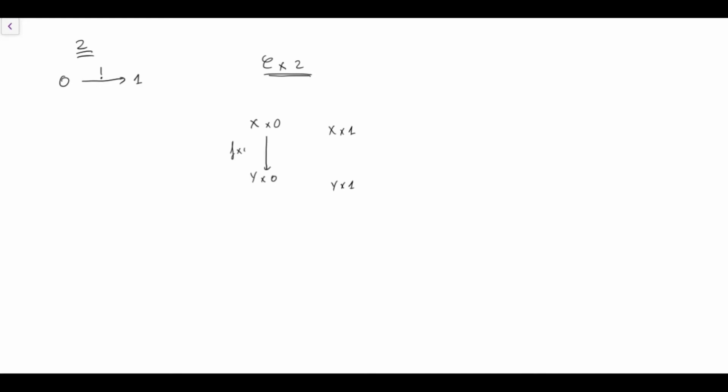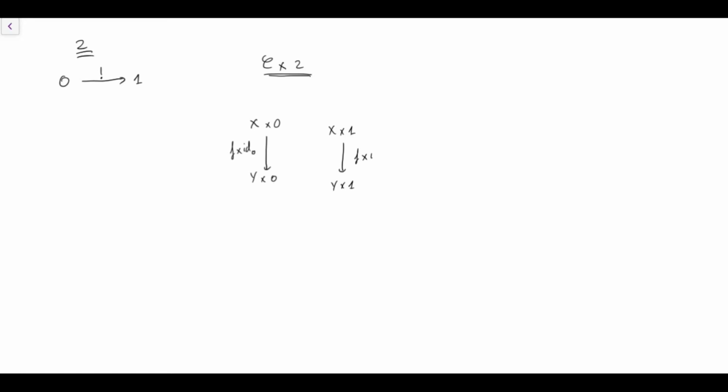The objects of C cross 2, which is a Cartesian product of category C and category 2 in CAT, are just pairs of objects from C and from 2. So we have x cross 0, y cross 1, x cross 1, etc. And the morphisms are pairs of morphisms which join the components of each object.